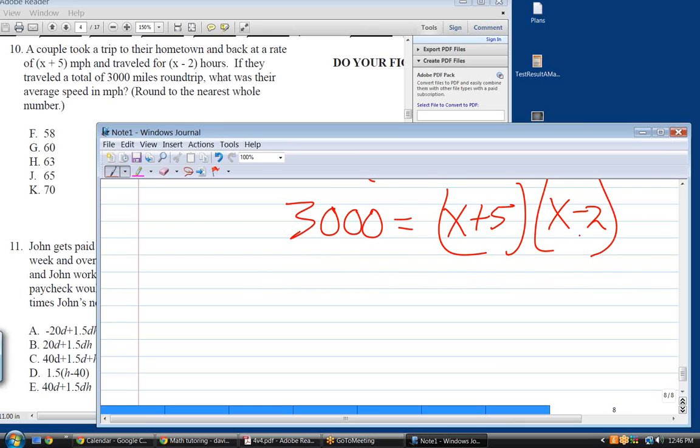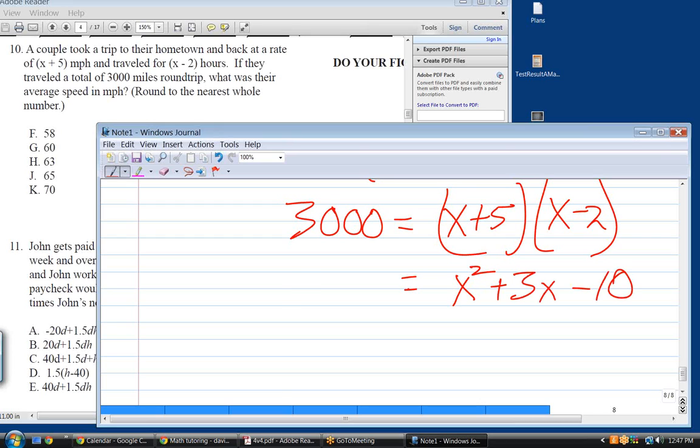That gives me the following. Multiply those two together. x squared plus 5x minus 2x minus 10. Then combine your two middle terms always.